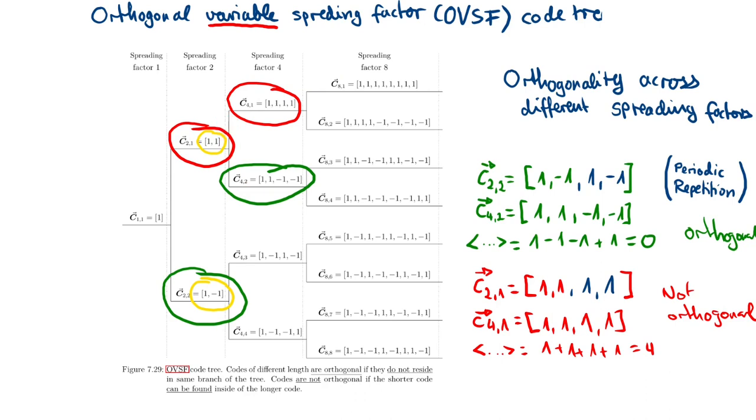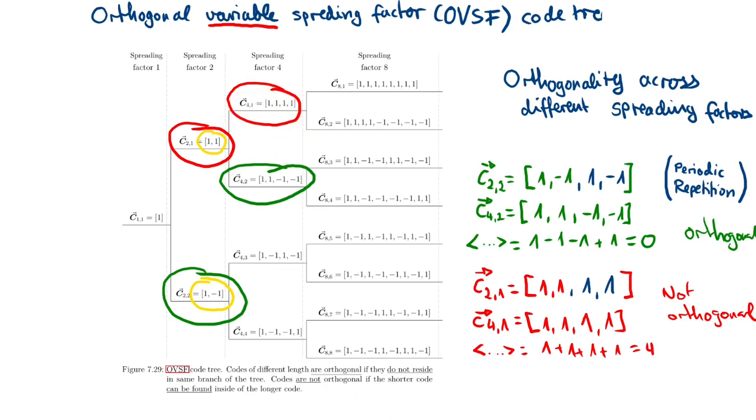But let's go back to the green example. One user is assigned this code, so this whole subtree is then occupied by one user. But you have another branch here, and this code does not reside in the same subtree, so it can be used for another user, and both codes are orthogonal.